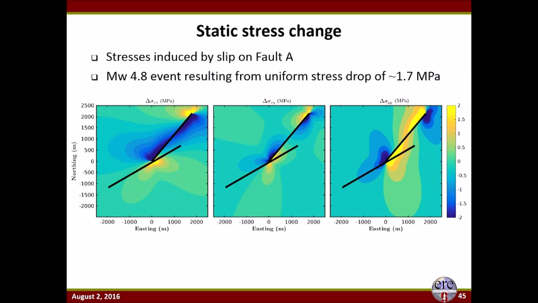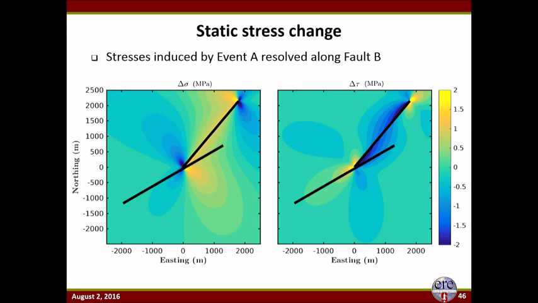What I'm showing here are contours of the changes in stress that occur in response to that initial earthquake. These are the stress components in the Cartesian coordinate system. If you rotate those stresses and resolve them into their shear and normal components acting on the main fault, these are the resulting changes in normal and shear.